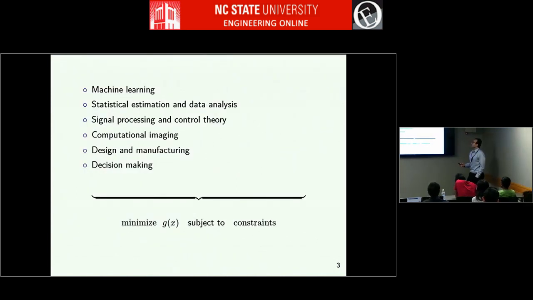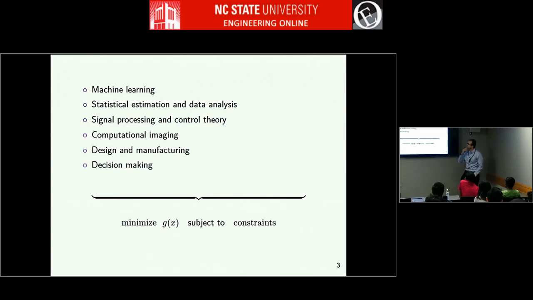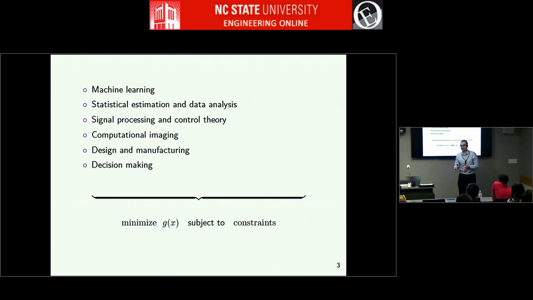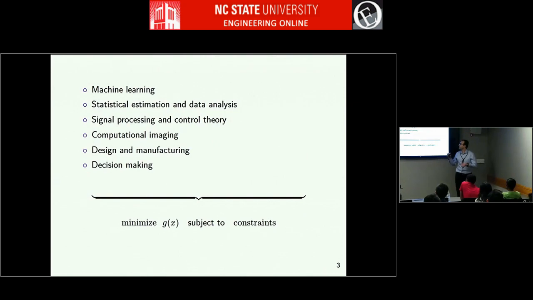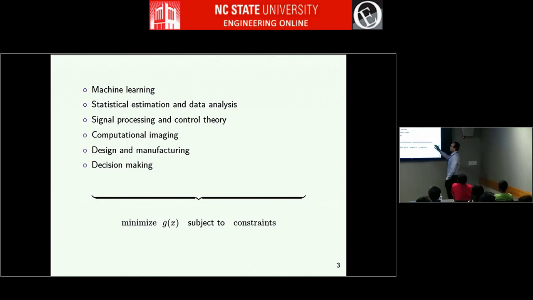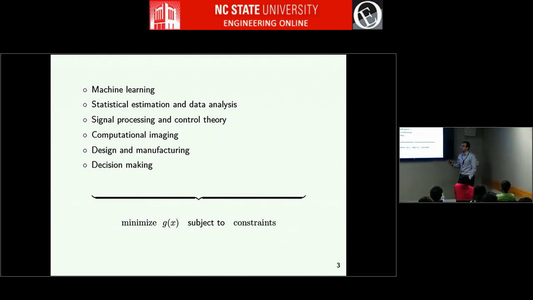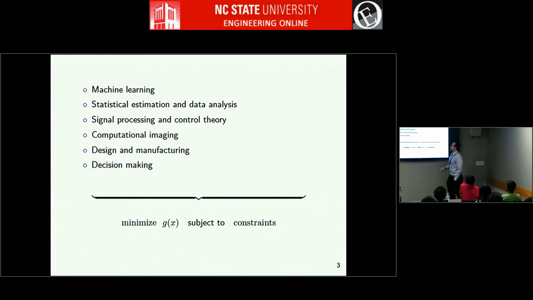So in many problems, machine learning, statistical estimation, maximum likelihood estimation, exploratory data analysis, optimization is key. Often the problem boils down to finding the minimum of a function subject to certain constraints. Optimization is very common in control theory, adaptive filters, Kalman filters, imaging problems, inverse recovery, designing, manufacturing, and decision making.